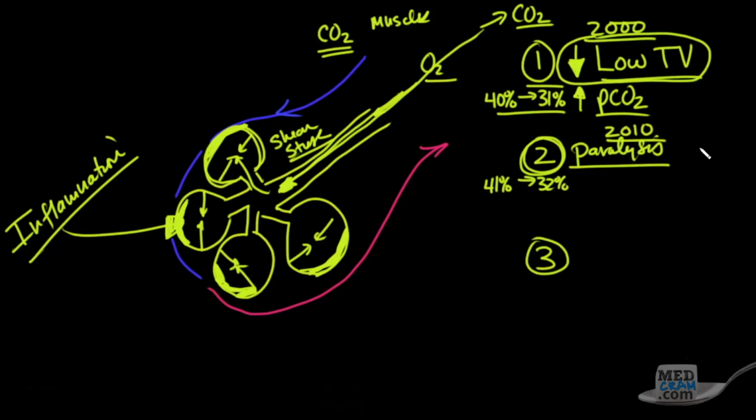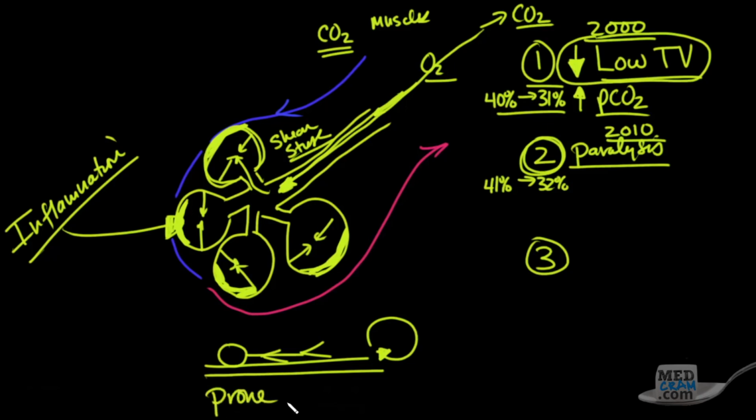So far, so good. What we also started to realize is that patients in the hospital, for whatever particular reason, if you ever look at them in bed, they're on their back. And what we decided to do was flip them over. And there was a number of reasons for this, so that their belly was down and that their back was up. We call this prone positioning.